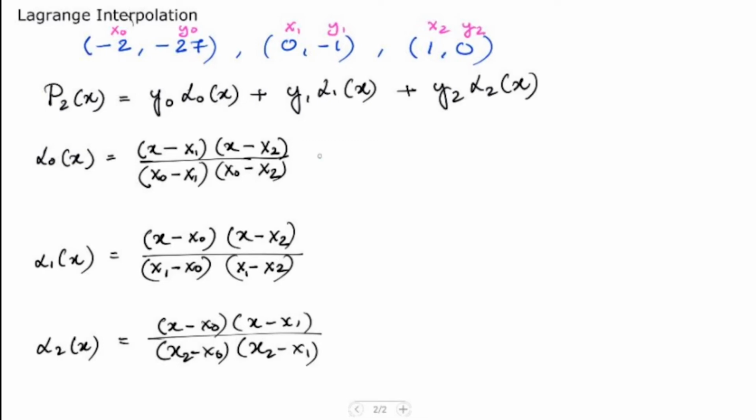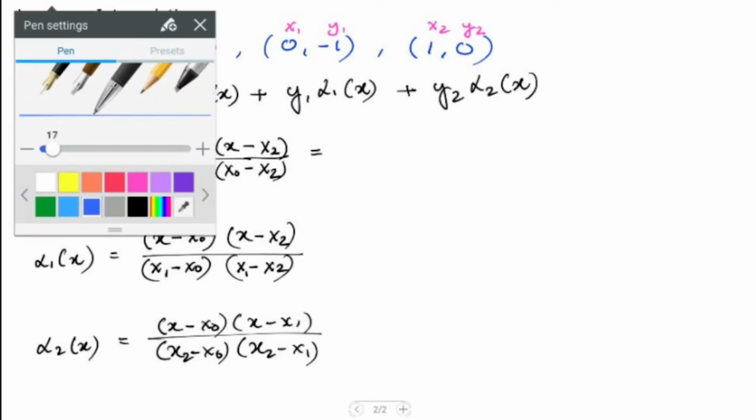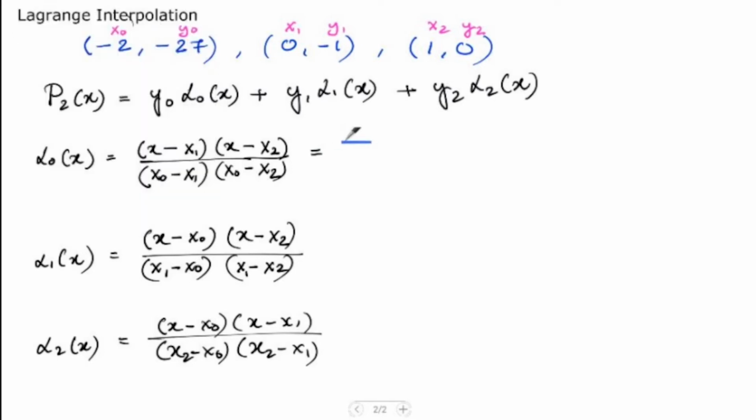Now we'll just replace the values. For L0, x minus x1, which is 0, times x minus x2, which is 1, divided by x0, that's minus 2, minus x1, which is 0, and then x0 again, minus 2, minus x2, that's 1.